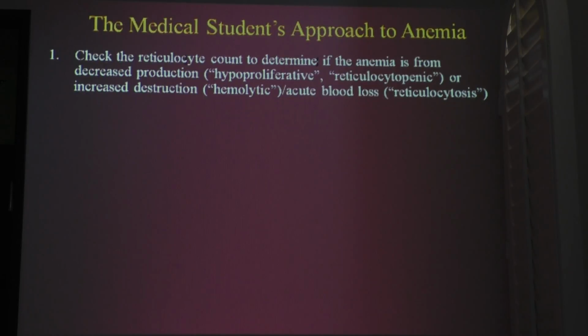Or it can be related to infiltrative diseases of the bone marrow. Those are probably the more challenging types of anemia to treat, and that's usually under the care of the hematologist. But your job in primary care is never to miss a hemolytic anemia, especially if you're going to be working more in the inpatient setting.